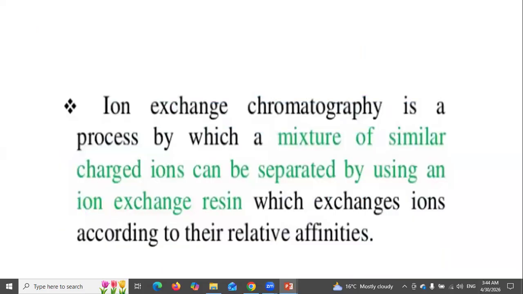Ion exchange chromatography is a process by which a mixture of similar charged ions can be separated by using an ion exchange reagent which exchanges ions according to their relative affinities.